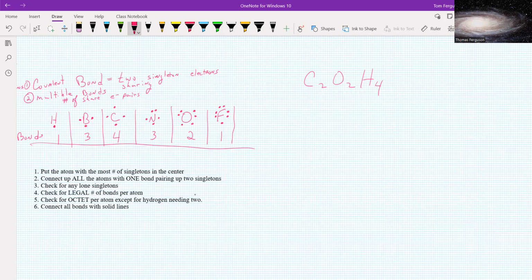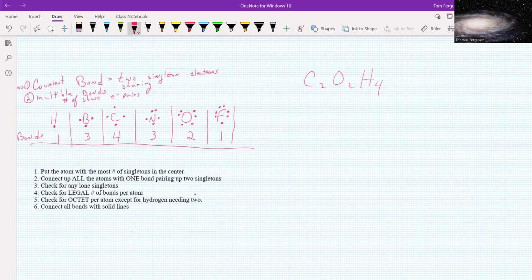So you've got a lone one here as well, right? Okay, so instead of connecting here, let's connect like that and move this one over here. And then these guys are going to connect up with that.